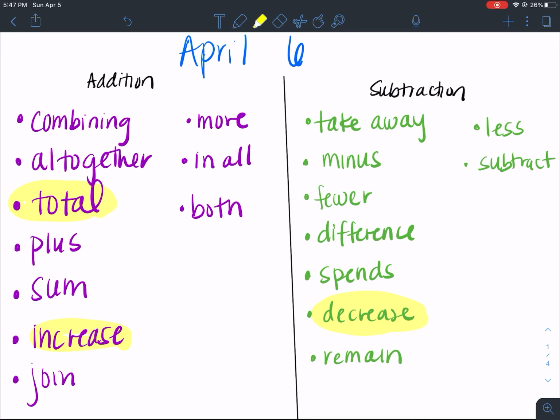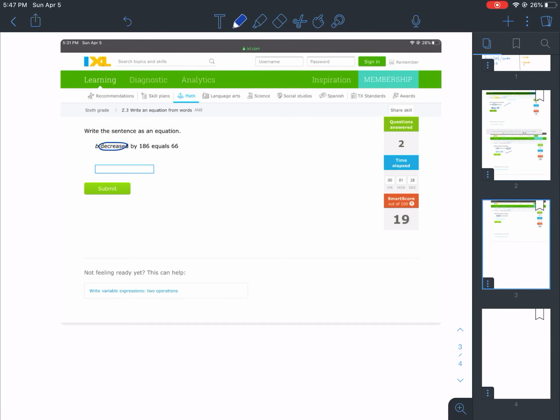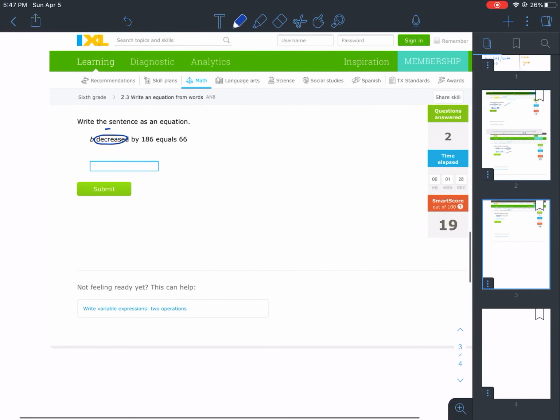Okay, well, I can see it's under subtraction, so I'm going to go back. So I have B decreased by 186. B minus 186 is equal to 66. They already have the word equals there. So they didn't give me some kind of is or is the same as. They already said equal straight up.